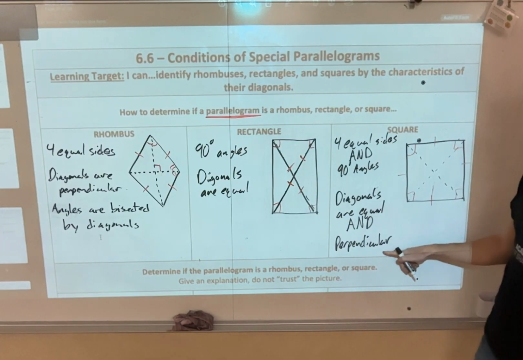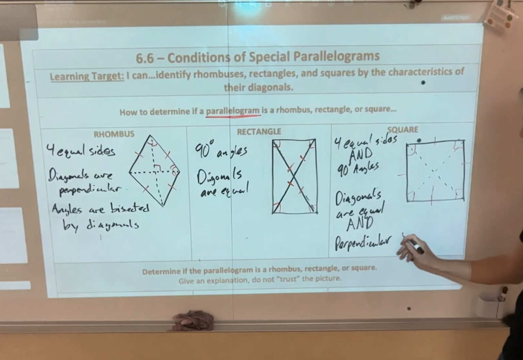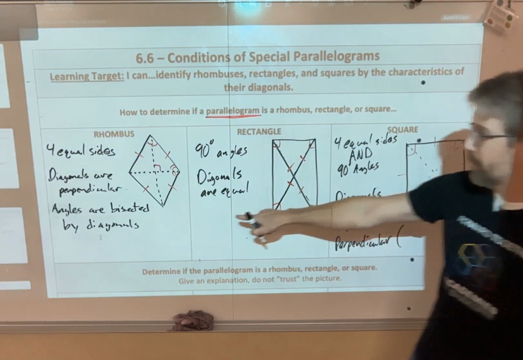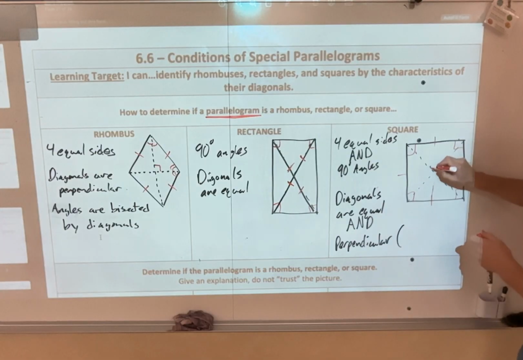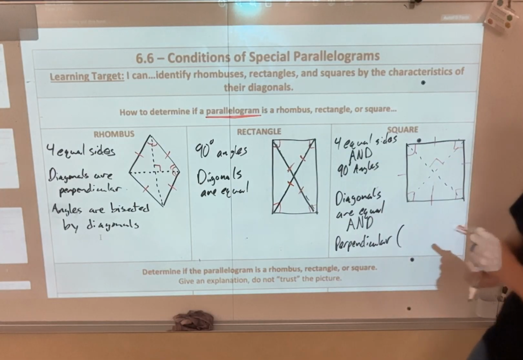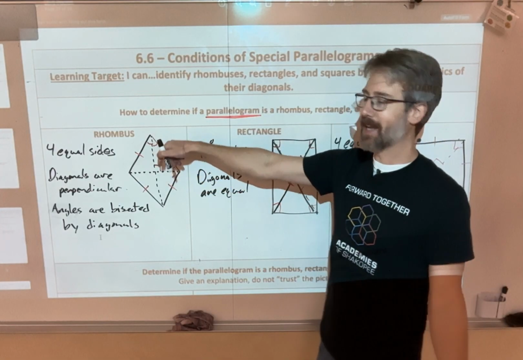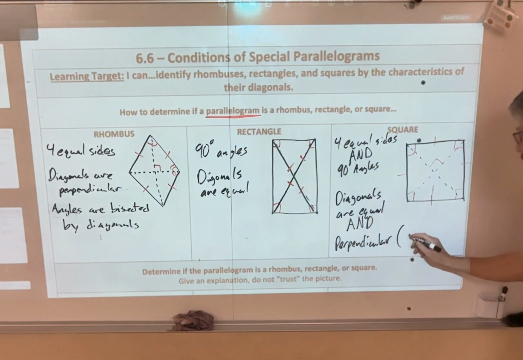Also, if we know that the diagonals are perpendicular, not only by finding that it's a 90-degree angle in the middle, but if they're equal and they bisect, so perpendicular or bisect the angles.